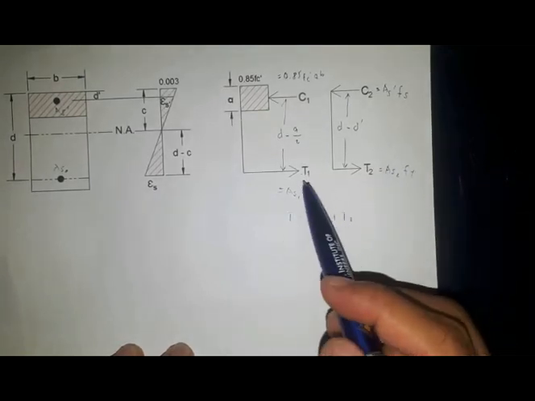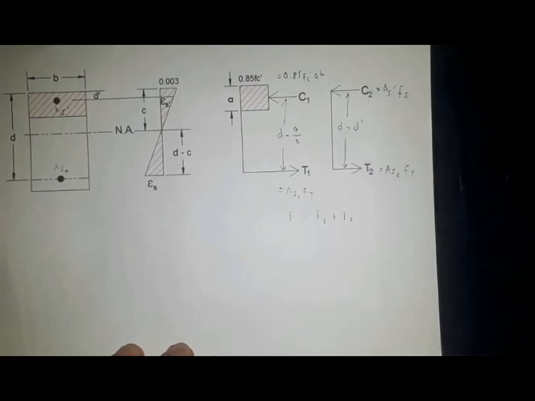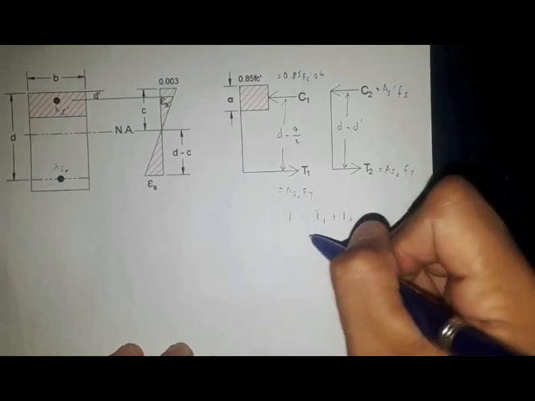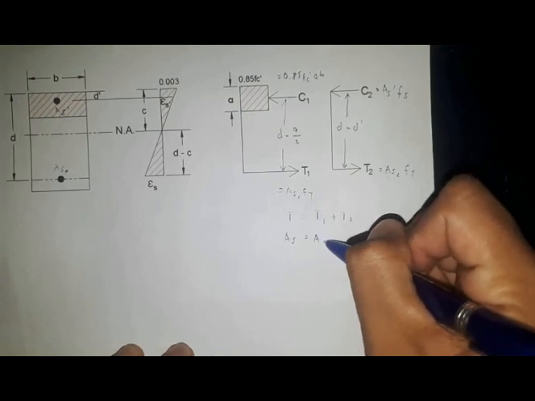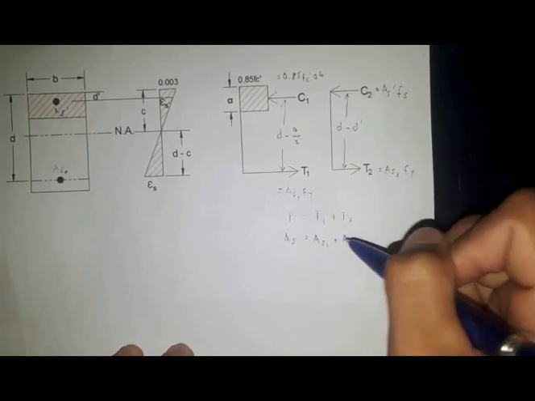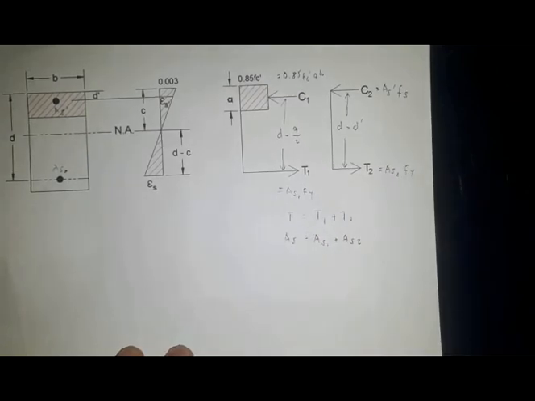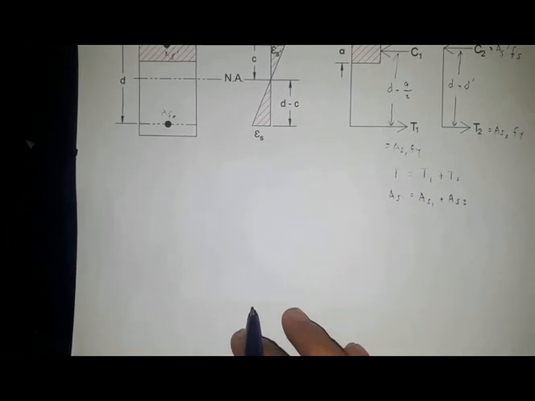So, kumuha lang tayo dito tsaka dito para may pang-couple dito sa compression steel. So, therefore, AS equals AS1 plus AS2.